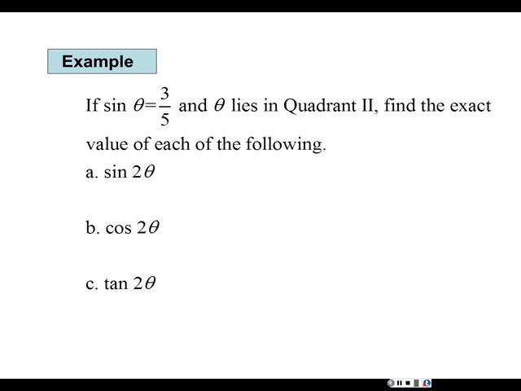So try and see whether you can find cos 2 theta. In case of tangent, you have to find the value for tangent. One option is, since you know the sine and cos, tangent is simple because tangent is nothing but sine over cos. Let's find cos 2 theta first, and then we'll talk about the tangent.